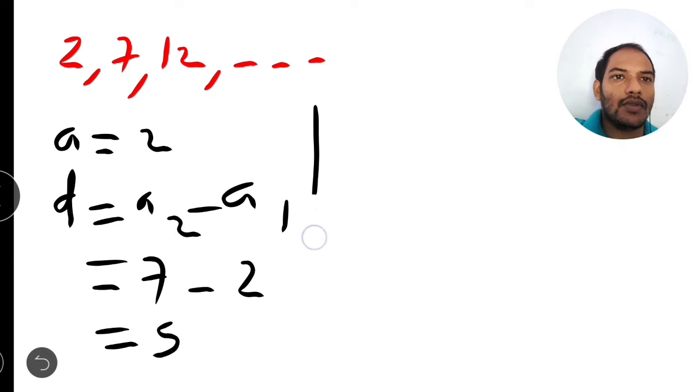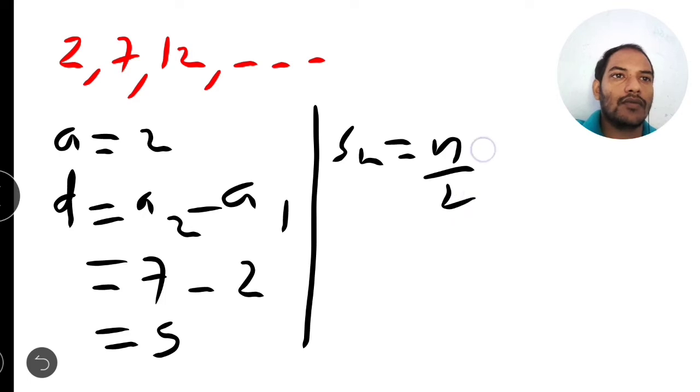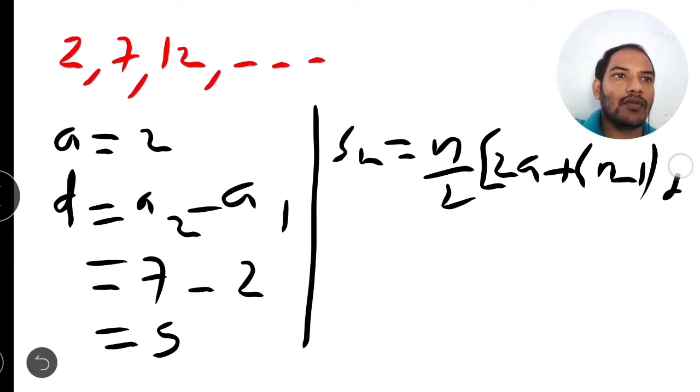Now we should find the sum of the first n terms. That means use the Sn formula. So Sn equals n by 2 of 2a plus (n minus 1) into d. Substitute n value 10, a value 2 and d value 5.